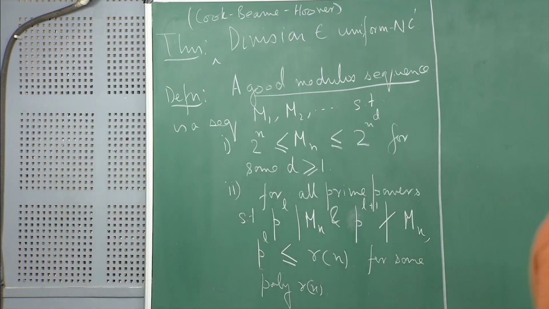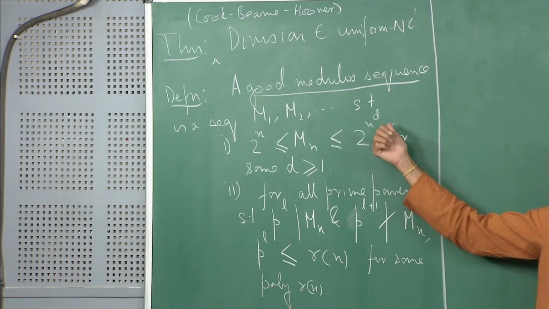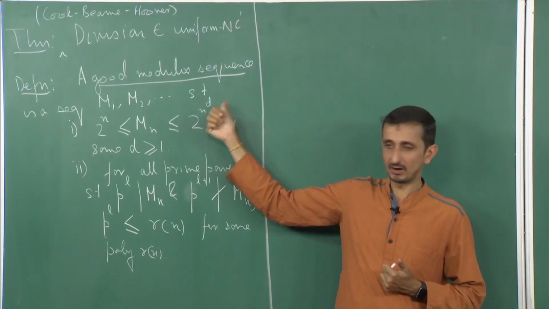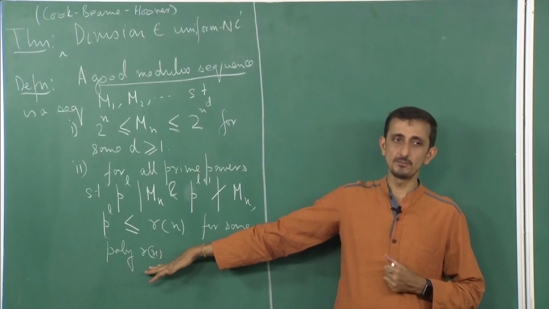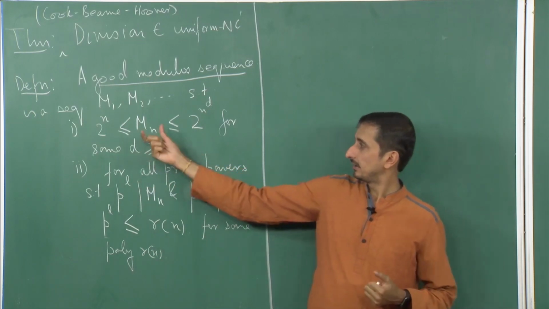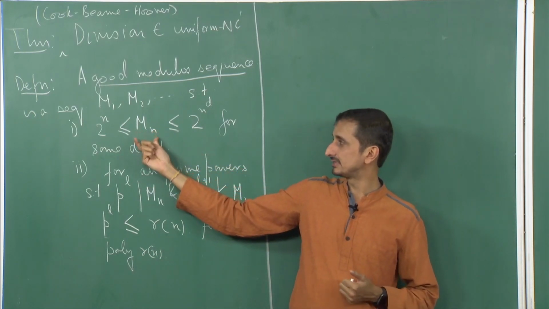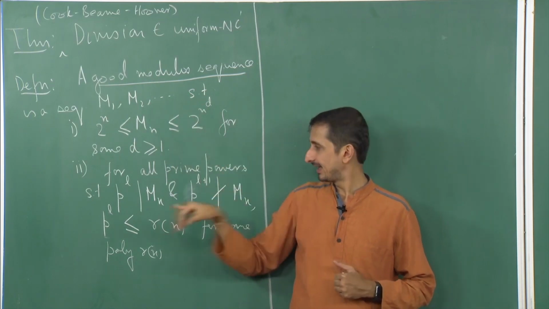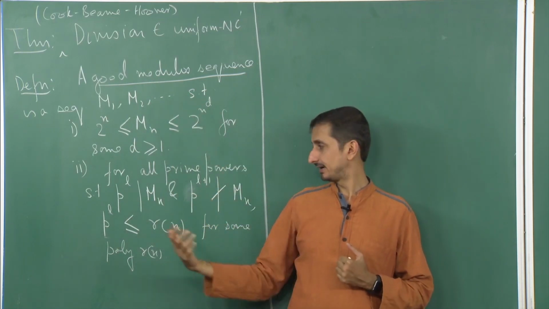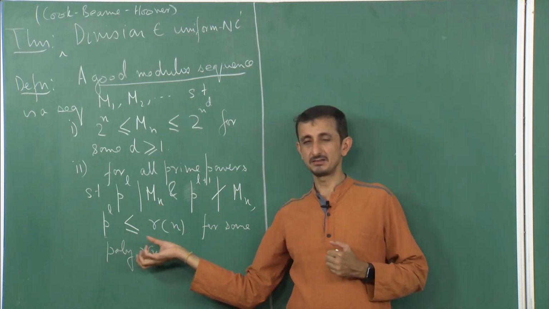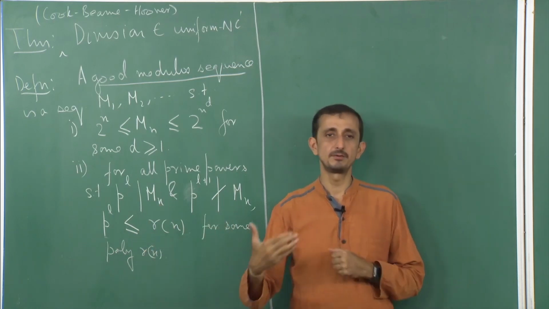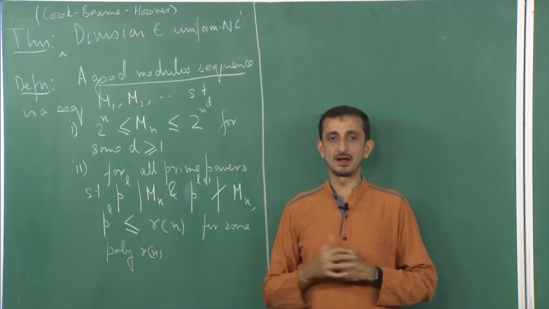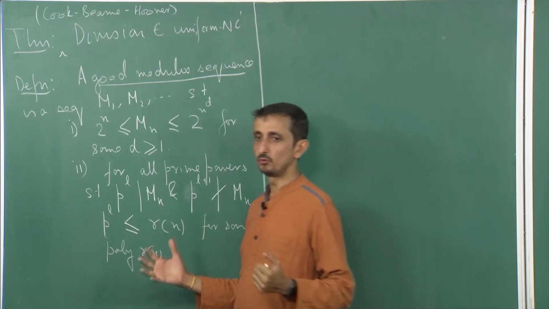So basically a sequence is a good modulus sequence if there exist two things. One is there exists a constant d greater than 1, another is there is some polynomial R such that the nth value of the sequence Mn is between 2 to the power n and 2 to the power n to the power d, and every prime power that divides Mn is small in some sense. It is bounded by the polynomial R of n. So it is not too large.